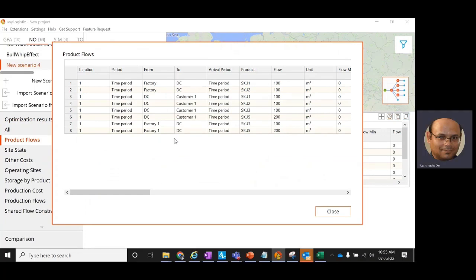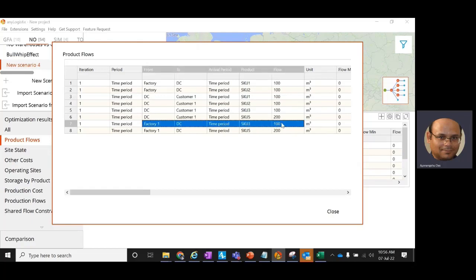As expected, since we have made it a hard constraint, it is forcing it to send the entire 200 quantity of SKU 5. And since SKU 3 and 4 had the same selling price, it didn't matter which one it chose, so it chose one of them randomly.